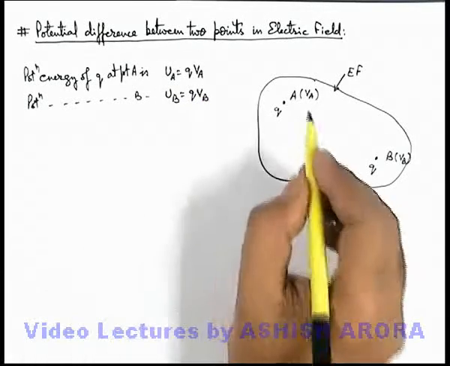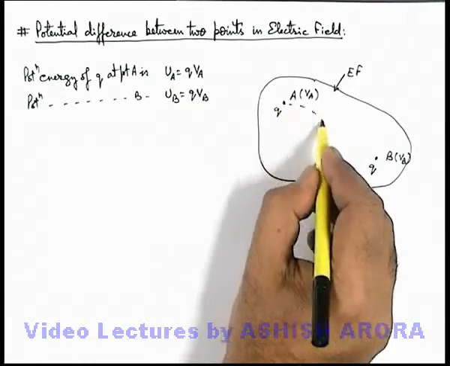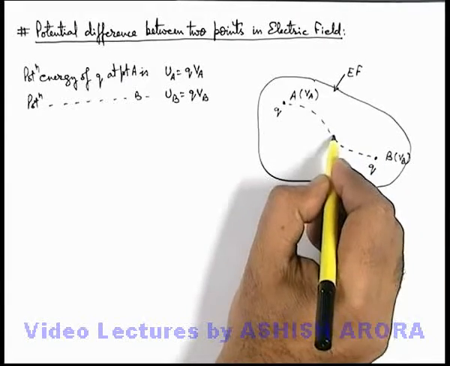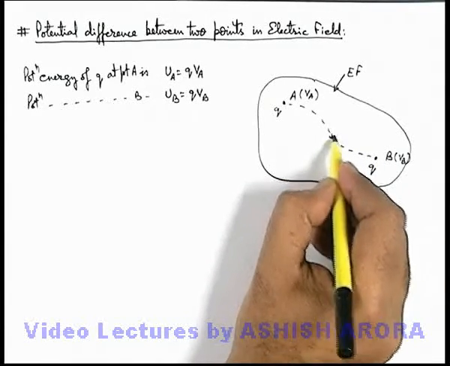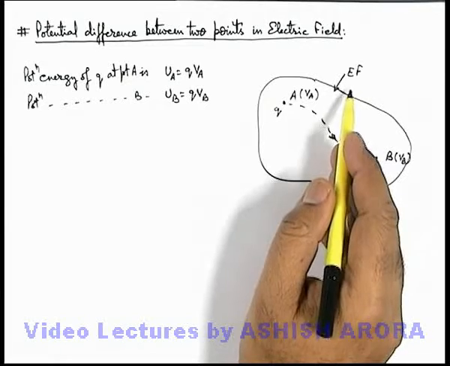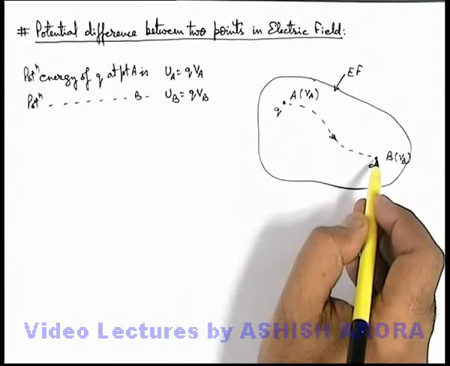And if the charge is considered to be shifted from point A to point B, we know the electric field is a conservative field. The work done does not depend on the path.